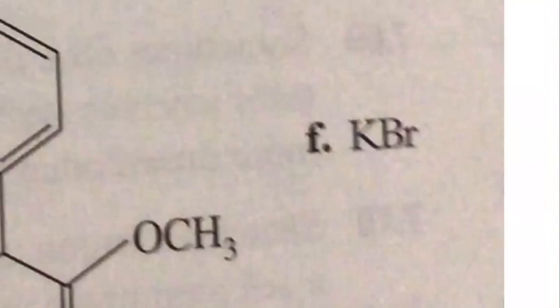So on letter F, what kind of compound is this? We have potassium, which is a metal, and we have bromine, that is a non-metal. What kind of compound is this? Great, this is an ionic compound. So guess, if you have an ionic compound, what is the only attractive force that you can have?